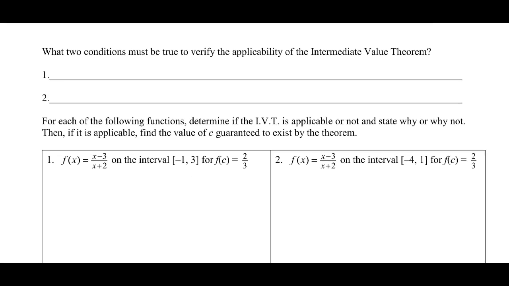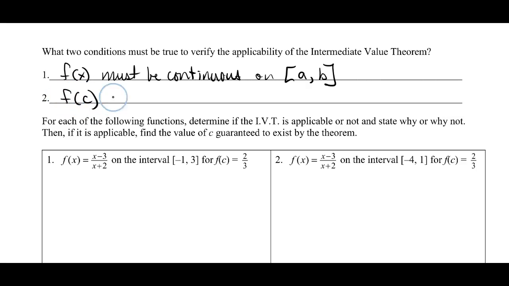Based on this, my two conditions are my function must be continuous on the interval from A to B, and my f of C must lie between f of A and f of B.